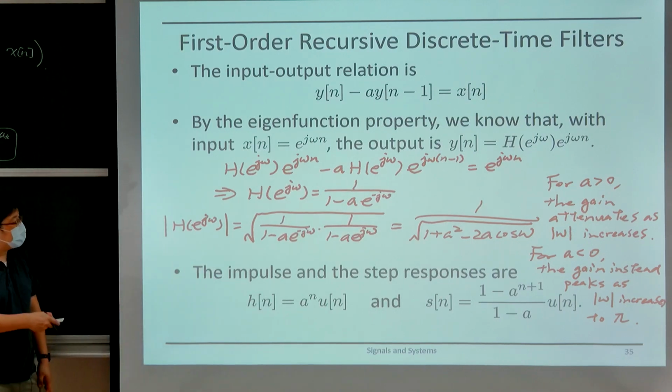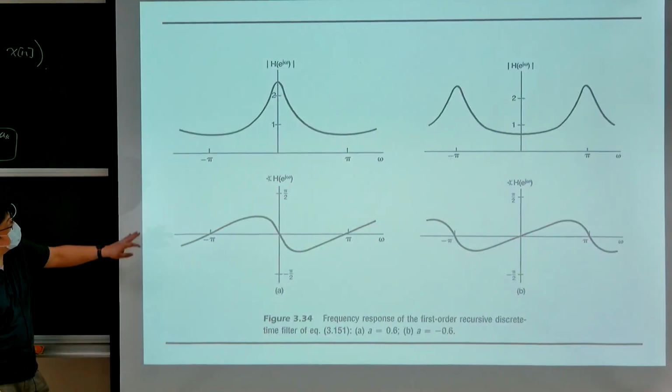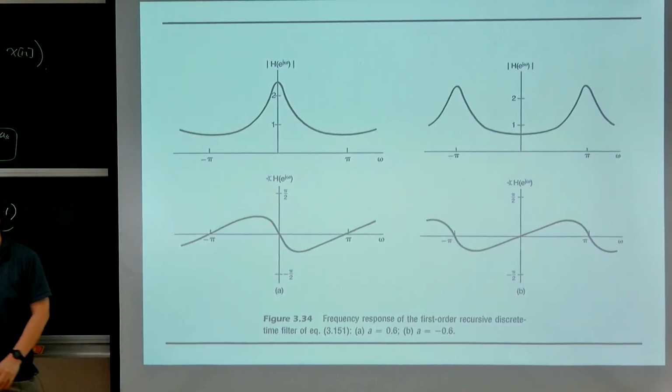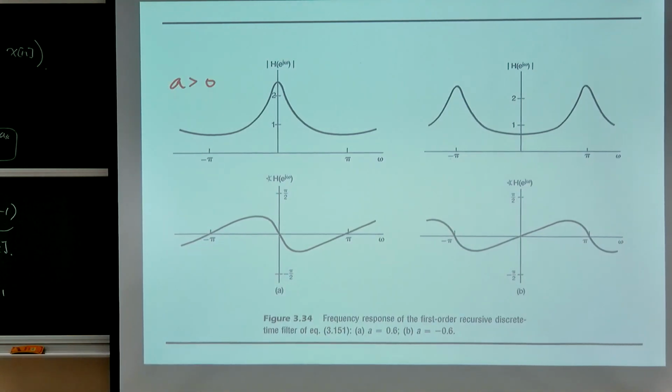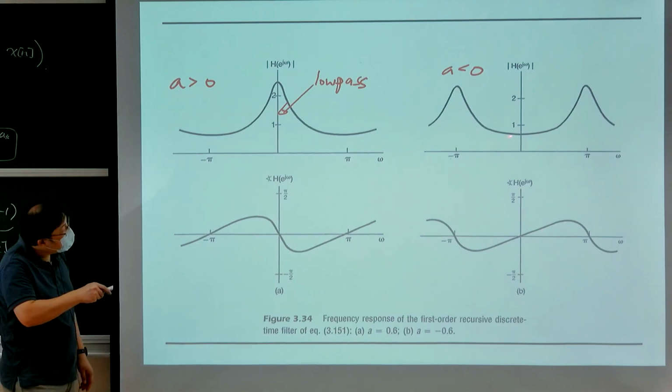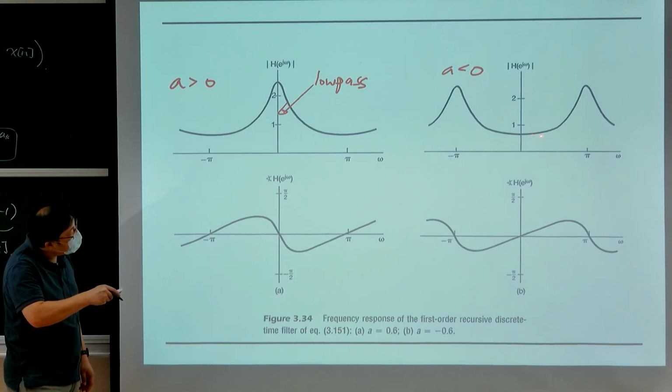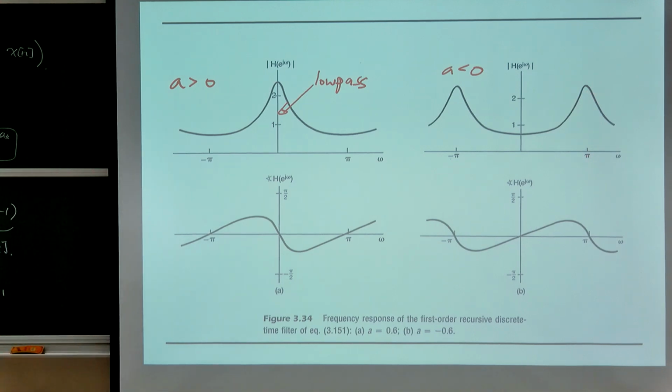And you can visualize this by plotting this out. So if you plot this out, you will get a figure like this when a is greater than 0. Okay, and you can see that this is somewhat of a low-pass filter. And when a is less than 0, you see that the gain peaks as the frequency increases up to π, okay? And therefore, this is a high-pass filter.